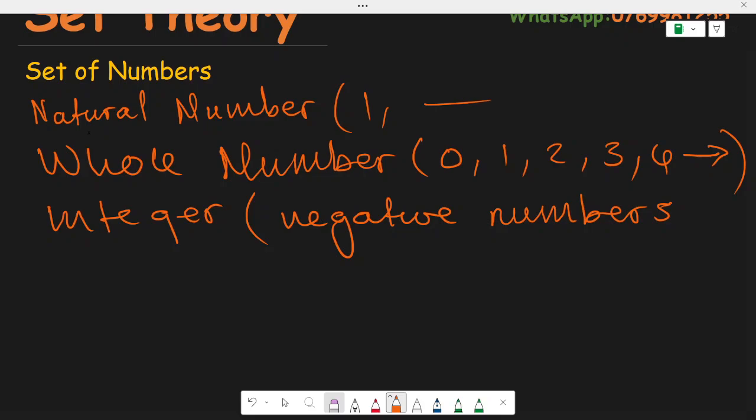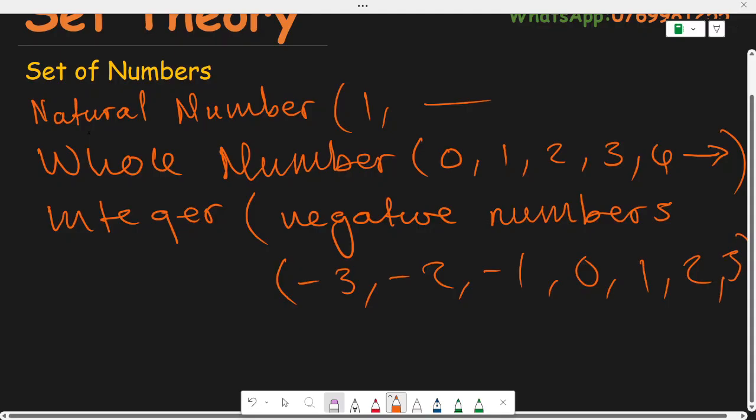So we can have an example for integers to be, let's say, -3, -2, -1, 0, 1, 2, 3. These all are what we're calling integers.